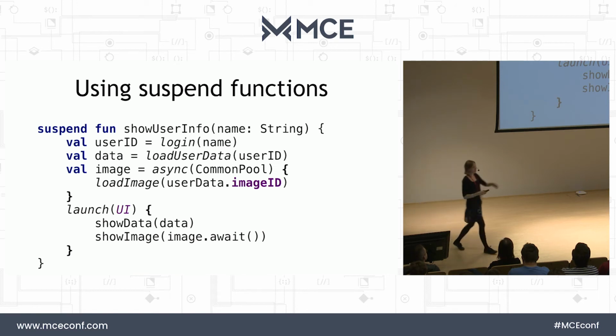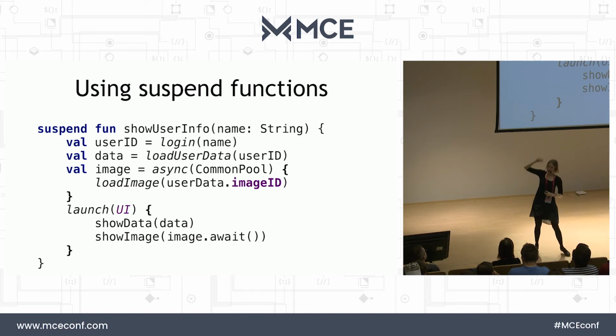And after that, you launch in the UI thread the code that sets the data, that shows the data to the user. And you can see that this code looks very sequential. But what happens under the hood is your image is loading asynchronously. So you show the user data before the image is loaded.